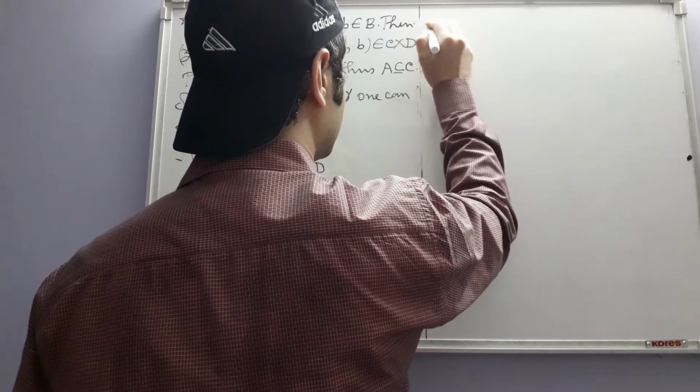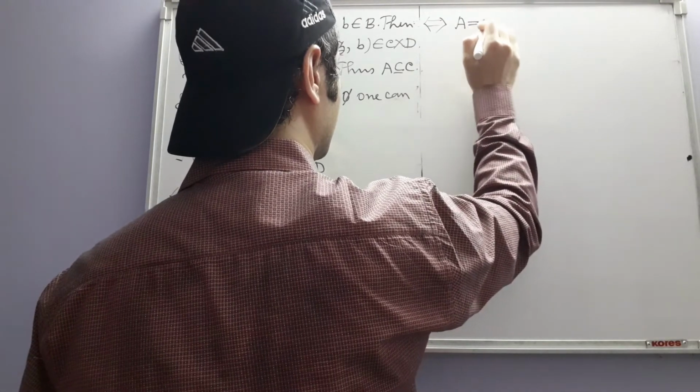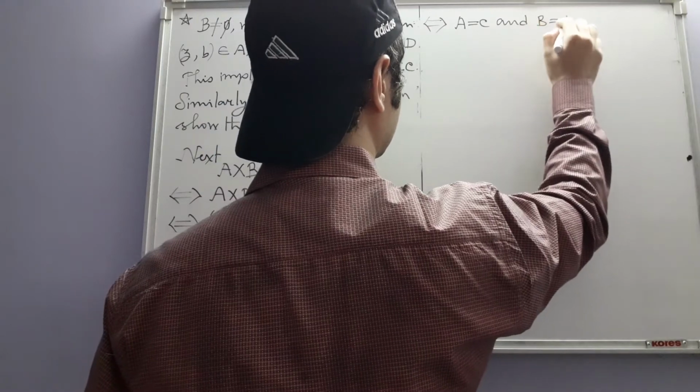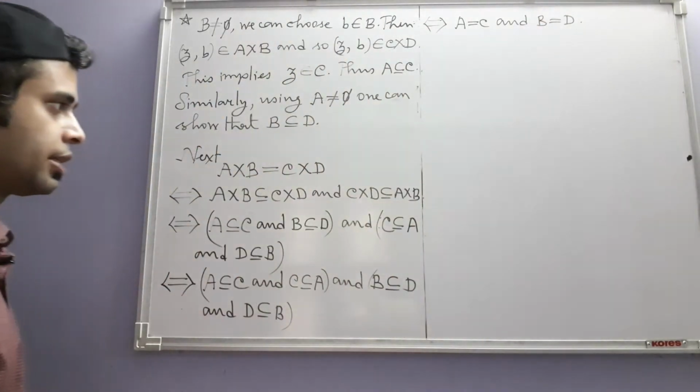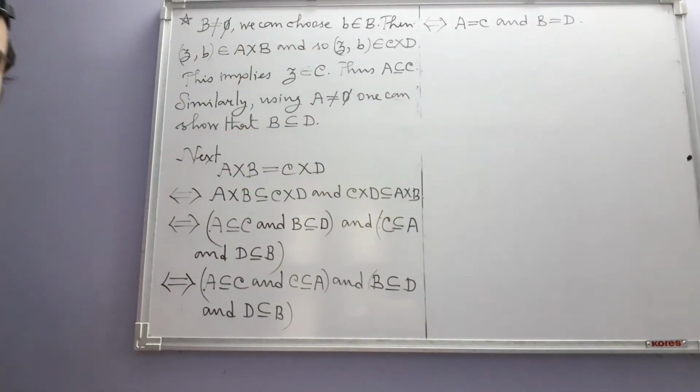So the previous statement is equivalent to A is equal to C and B is equal to D. So that's how we have this if and only if, this and this.